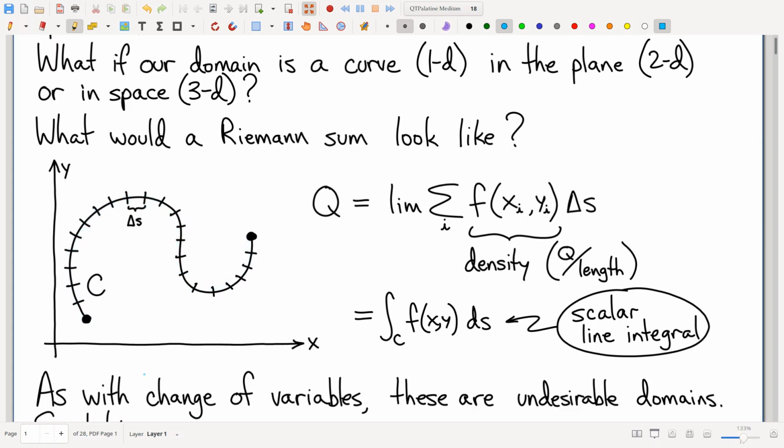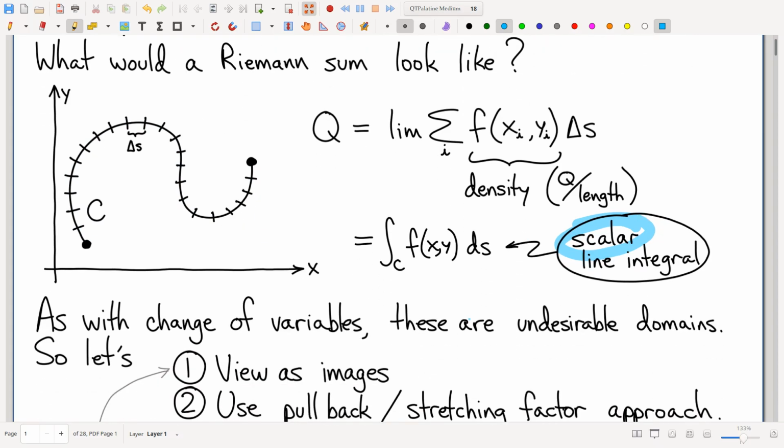Now, why scalar? I'm not going to be able to give you a particularly persuasive answer just yet, but it turns out that there's going to be another kind of line integral that we're going to talk about very soon, possibly today. That's optimistic. Probably Monday. But there is another kind of line integral, and it is importantly different from what we're looking at here.